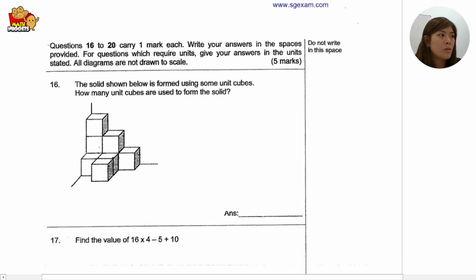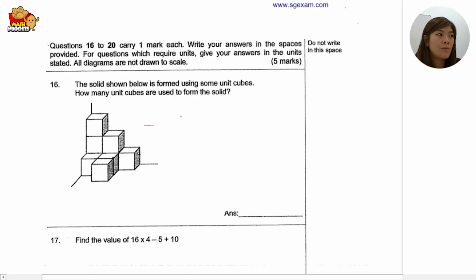Here has 3 layers, then 2 layers, and 1 layer, correct? So if we count, the first layer we have 1, 2, 3, 4, 5, 6. Then the second layer we have 2, so 7, 8. And the top layer we have 1, so 9.